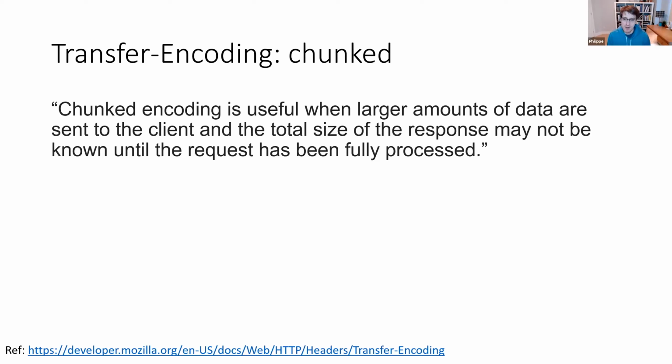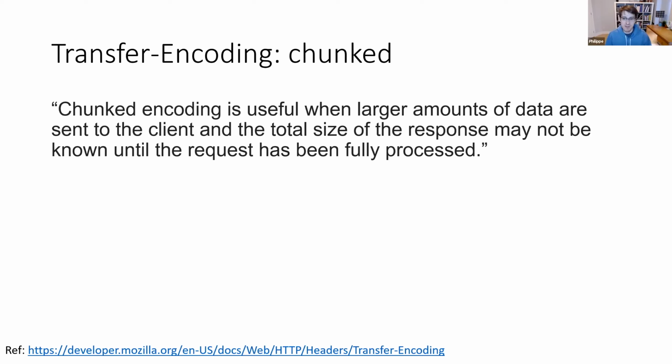Most of the modern techniques involve using Transfer-Encoding chunked. And what is exactly this header? Transfer-Encoding is used for encoding like gzip or some alternate encoding for the body section. But actually, chunked is not related to encoding in the sense of character encoding.